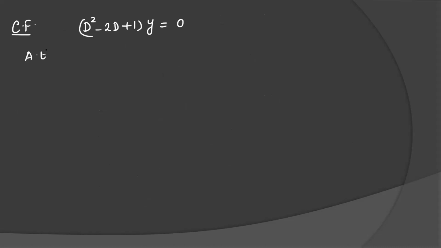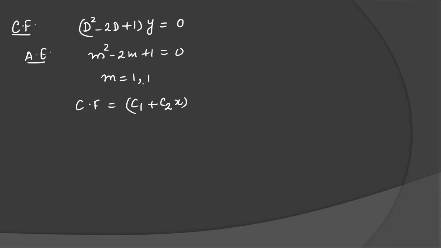The auxiliary equation is m squared minus 2m plus 1 equal to 0. So the values of m are 1, 1. Repeated root, so the complementary function is (c1 plus c2 x) e to the power 1x. See my lectures 1 and 2 if you want to see how to write the complementary function.